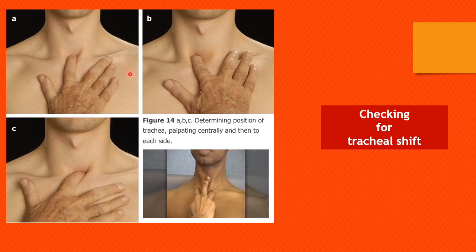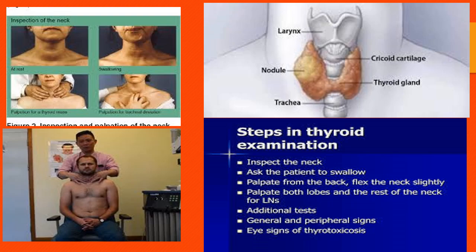This is important because pressure by an enlarged thyroid gland can cause shifting of the position of the trachea. And these are some pictures to show you again. Inspection from the front. This is with swallowing.